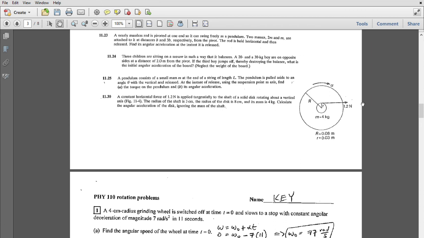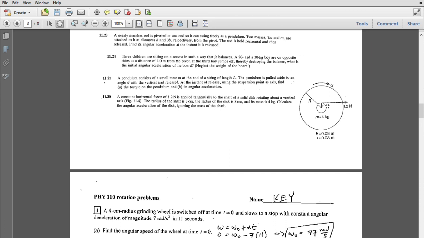So what we need to do is calculate the net torque on this. The only thing exerting a torque on it is the 1.2 newtons, which has a moment arm of 3 centimeters, or 0.03 meters. So 1.2 newtons times 0.03 meters is the net torque, and set that equal to I alpha.